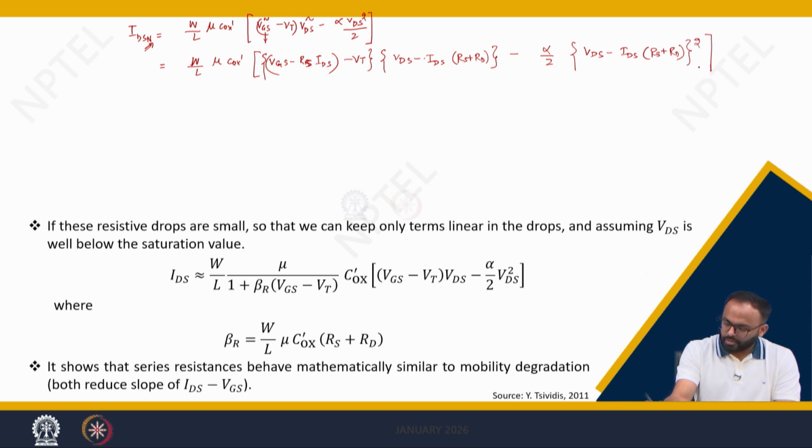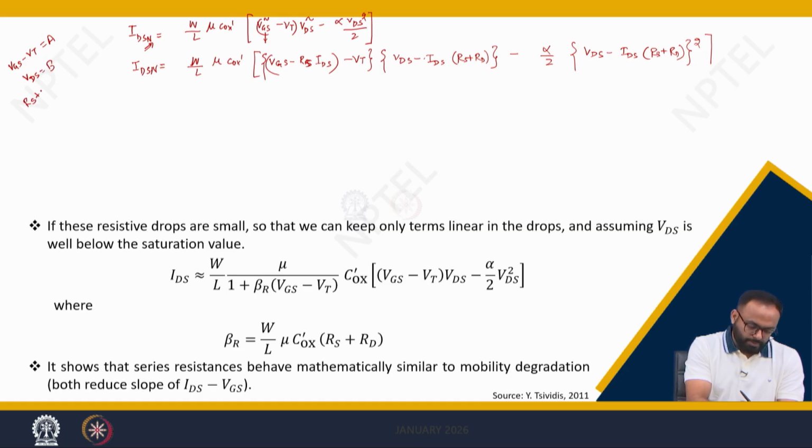whole square, correct. For the simplification of this solution, we consider a few parameters: VGS minus VT as A, VDS as B, and another term Rs plus Rd as RT. T stands for total.